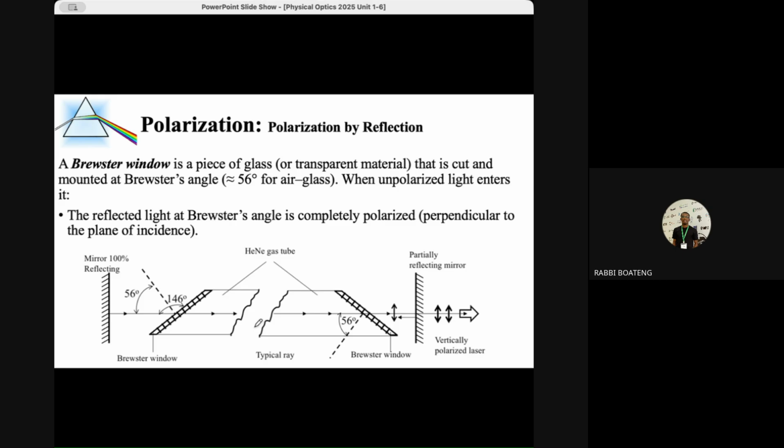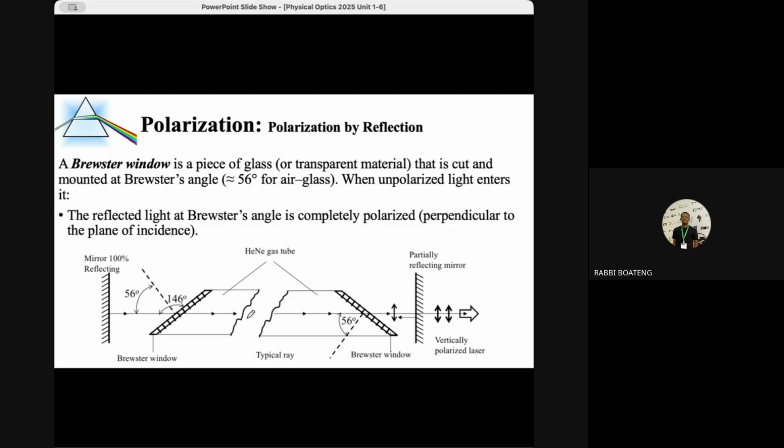We have a laser medium inside, and a high energy source that excites it. Atoms at the ground state move to a higher state, and this movement gives us our light. Here, the laser medium is a gas, a helium neon gas inside there. Okay, so it gets excited.